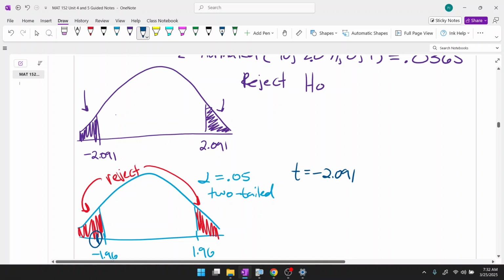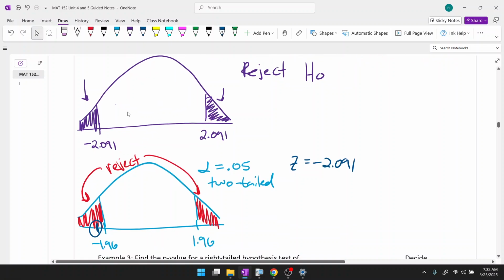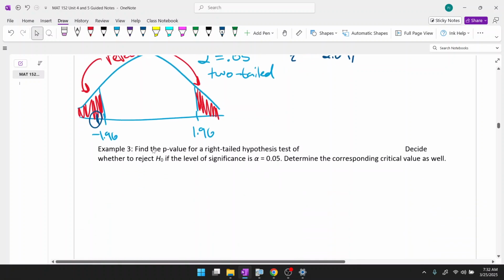So that gives us the same kind of evidence that we would be rejecting the null hypothesis. And I'm sorry, I did not mean for that to be t. That should have been a z. So because if p is low, you reject the null.